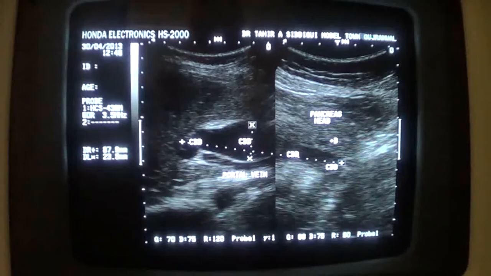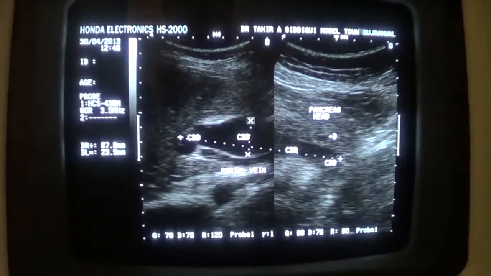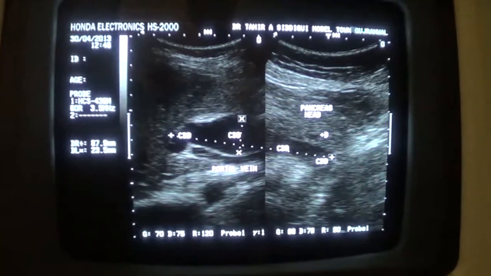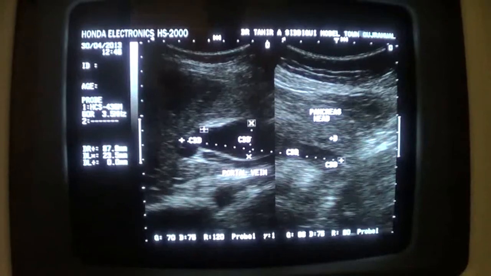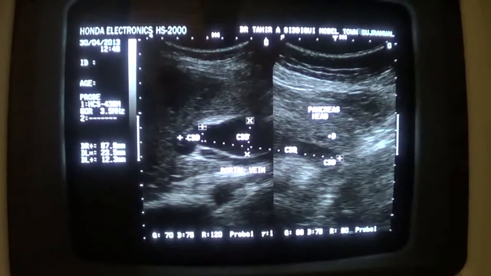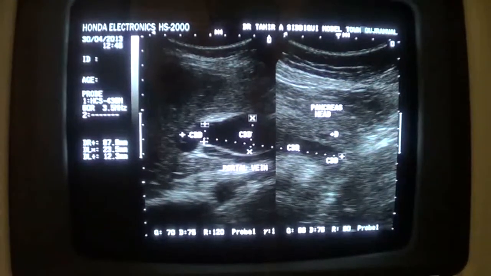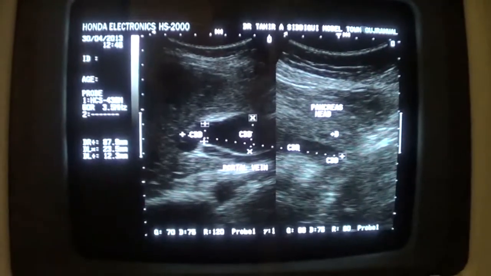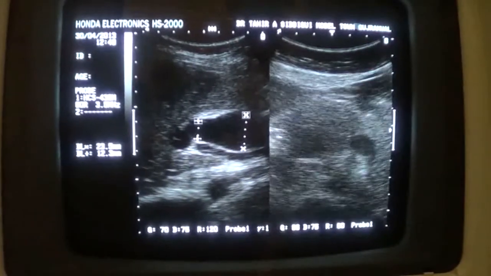So the length is important for the surgeon. The maximum dilation of the common bile duct is 2.3 centimeters, and the minimum is 1.3 centimeters, whereas normal should not exceed more than 7 millimeters with intact gallbladder. Okay, so there you go.